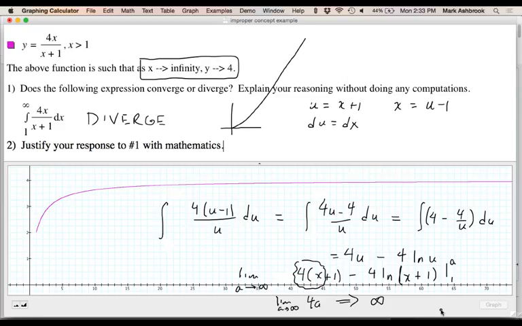I guess we have an issue here, because this gets large too. 4 natural log of (a plus 1), that gets big too. So what do we do with that? I'm going to jump the gun here. It does, so we have to show that mathematically. All right, so we have 4a plus 4 minus 4 natural log of (a plus 1).